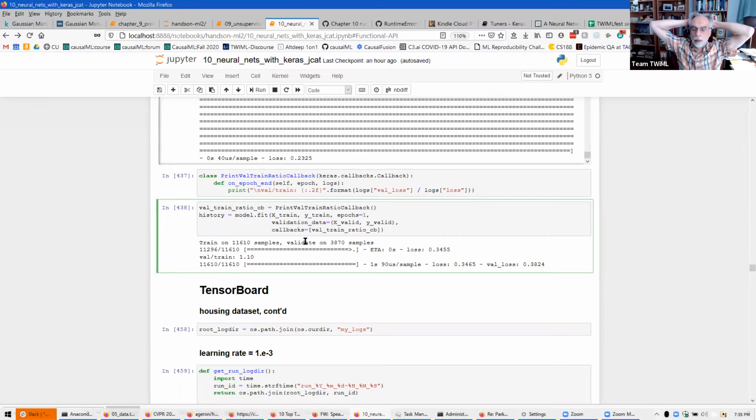But if you have time, I think that would be the best thing to do, is to think up a callback, write it, and make it work. And if you have trouble doing that, feel free to post to the Slack group, and I'm sure that people will jump in and help you. Okay, any questions about callbacks at this point?